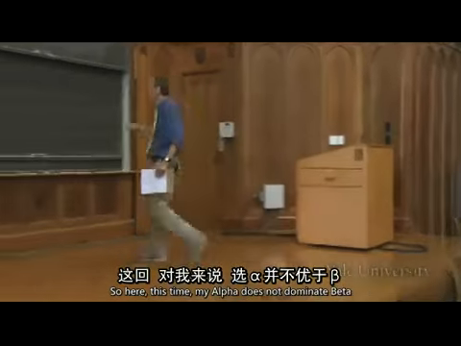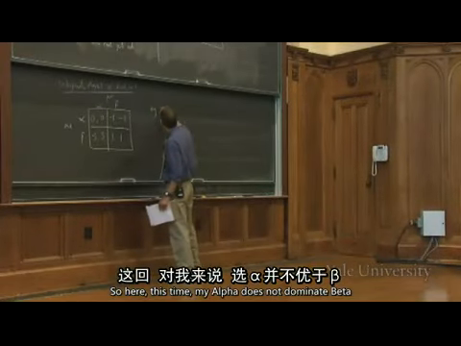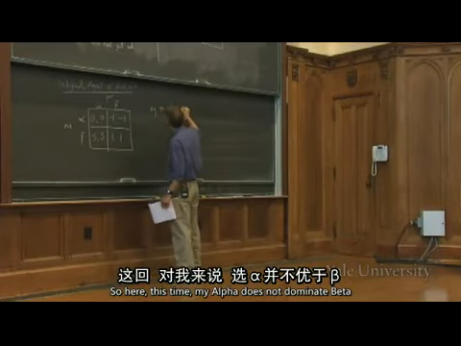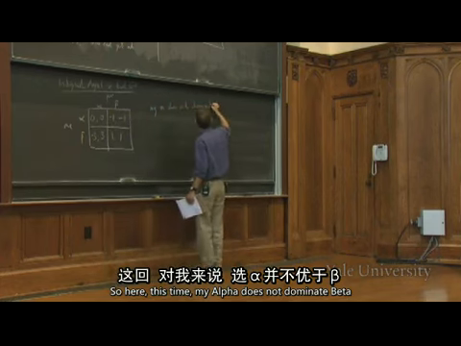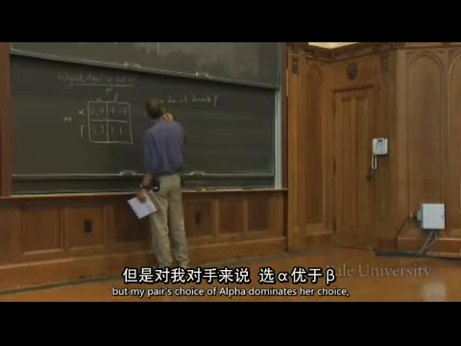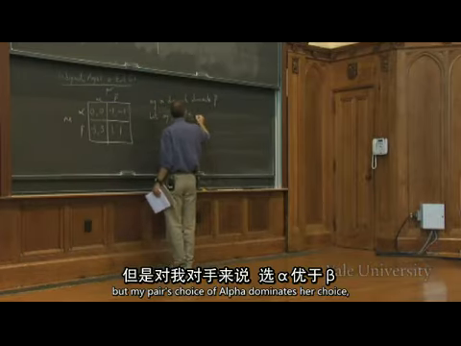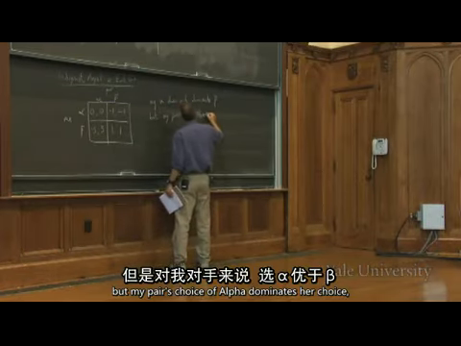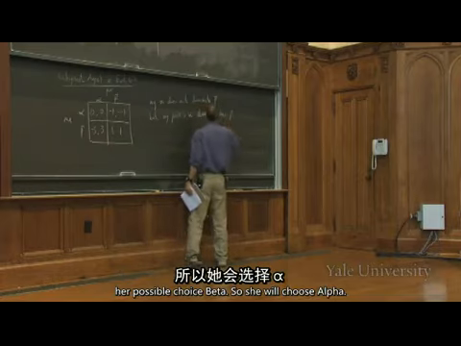Right? So here, this time, my alpha does not dominate beta, but my pair's choice of alpha dominates her possible choice of beta.